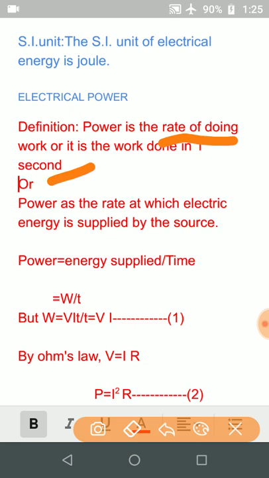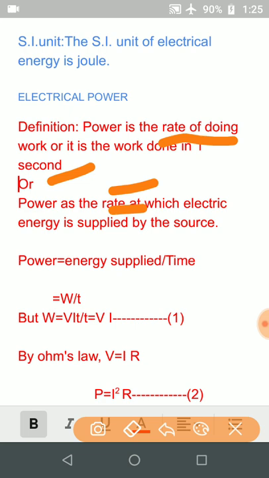Friends, power may also be defined in different ways, that is power is the rate at which electric energy is supplied by the source.